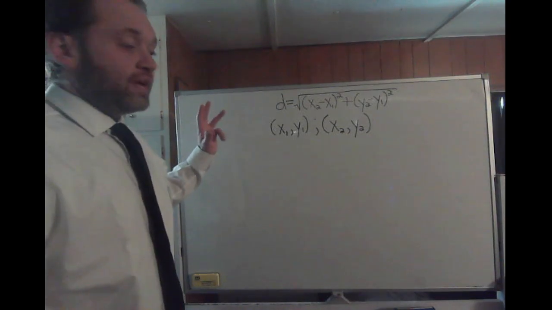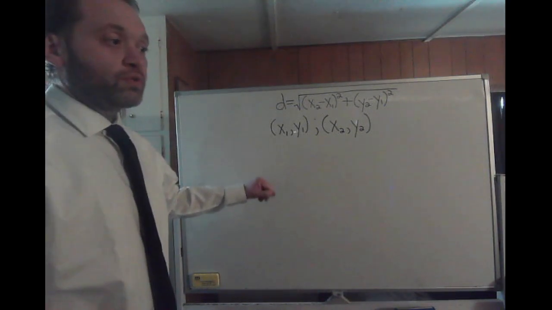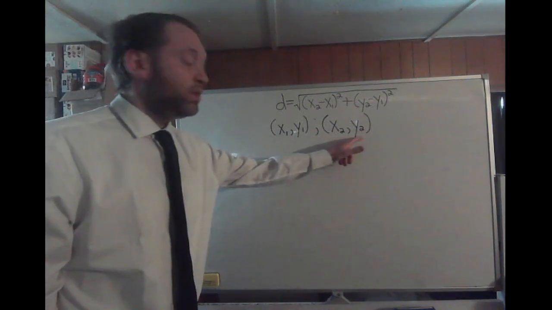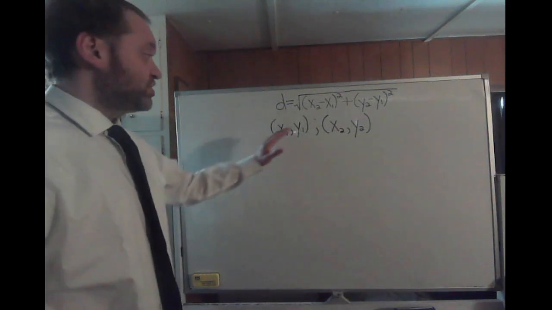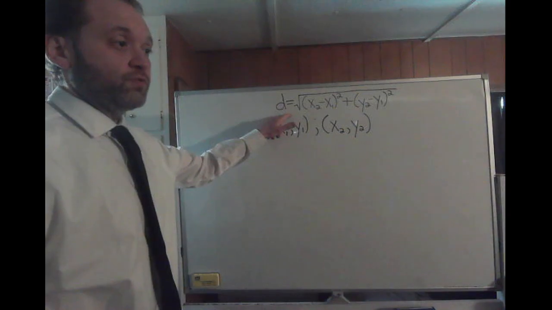If we have any two ordered pairs in the coordinate plane with arbitrary coordinates x1, y1, and then x2, y2, you can find the distance between those 2 points by applying the distance formula.